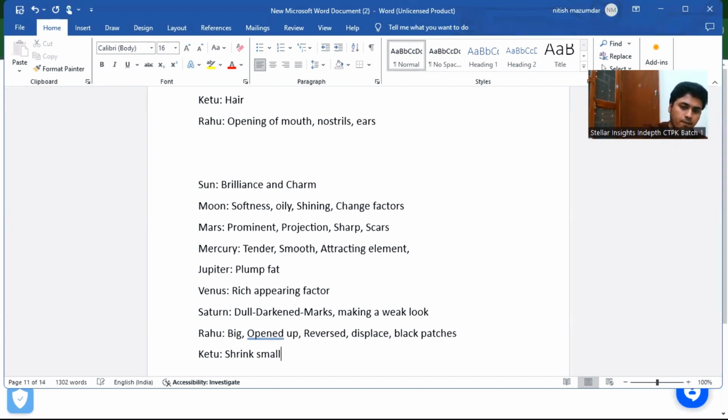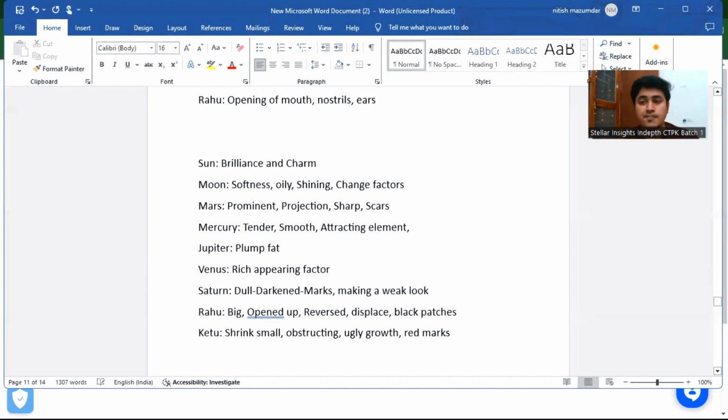small, obstruction is Ketu, right? Obstructing. And you can write red marks, ugly growth, you can write ugly growth sort of, and red marks. Okay. There is that problem, the one with freckles, where the face is white and brown. No, that is a separate part.